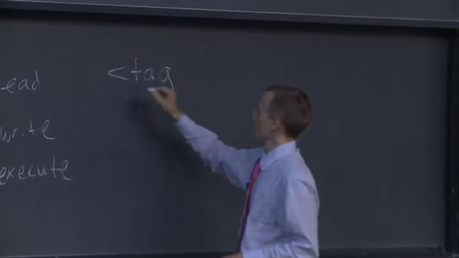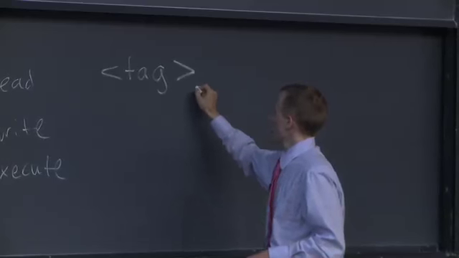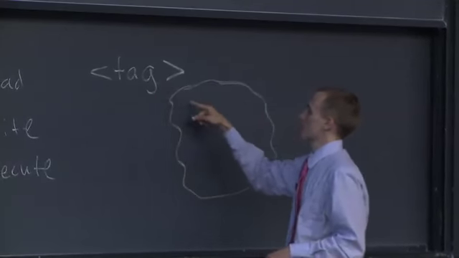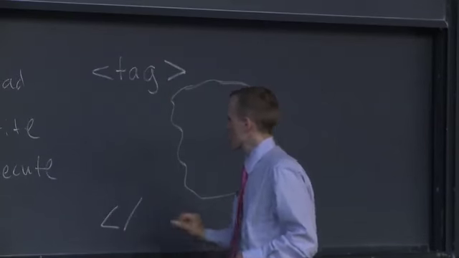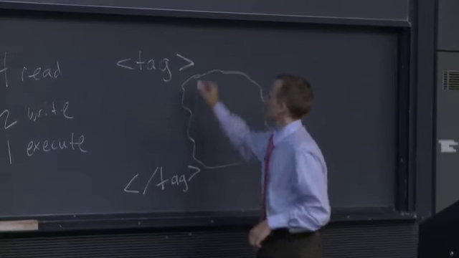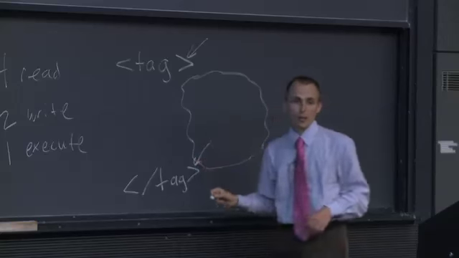consists of open bracket, tag, close bracket, and then more of the same, more open bracket, tag, close brackets. The only rule is that it has to close like this, so that for every one of these, there's one of these that closes it.